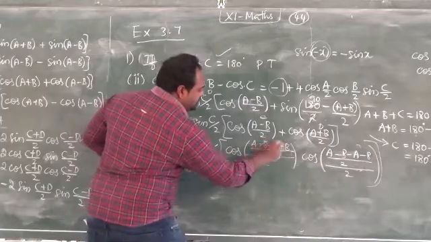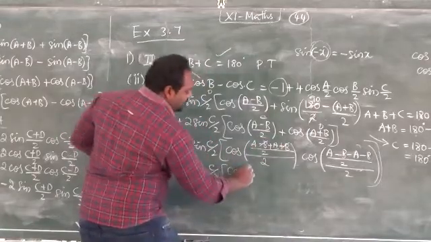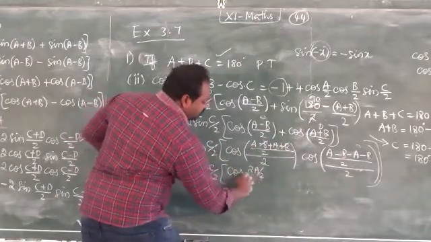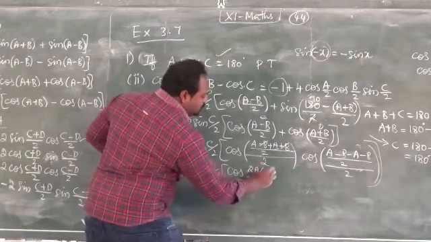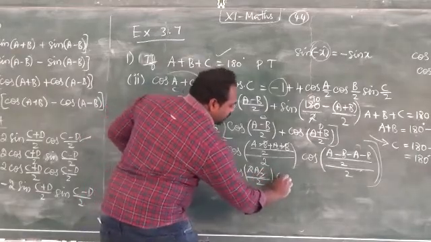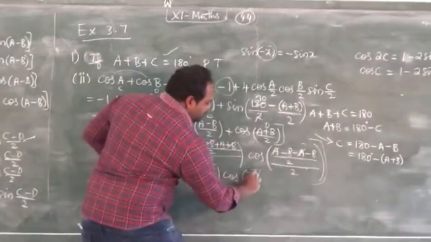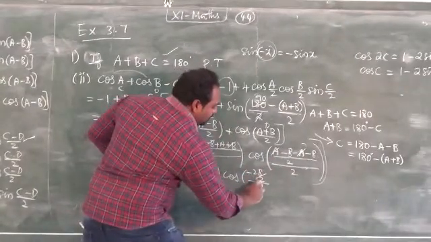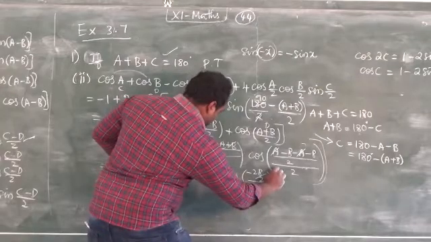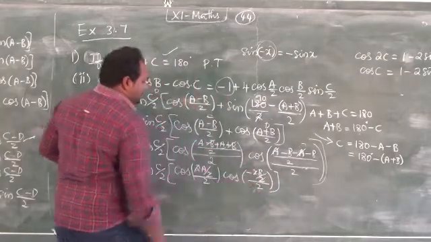cos of, this will be cancelled, 2a by 2 whole divided by 2 cancel, cos of, here this 2 cancel, minus 2b by 2 whole divided by 2. Here also 2 will be cancelled.